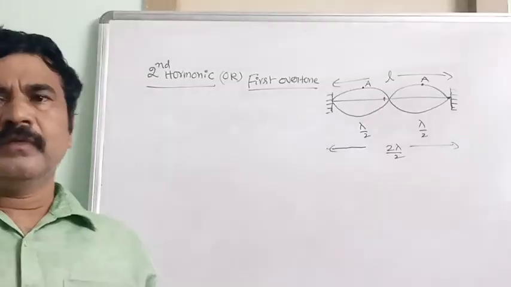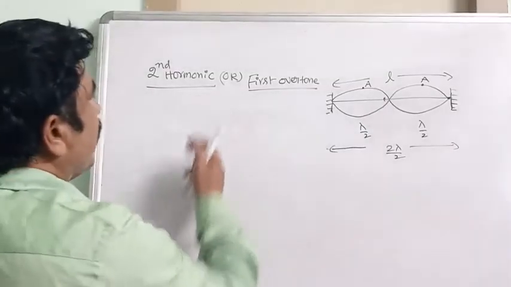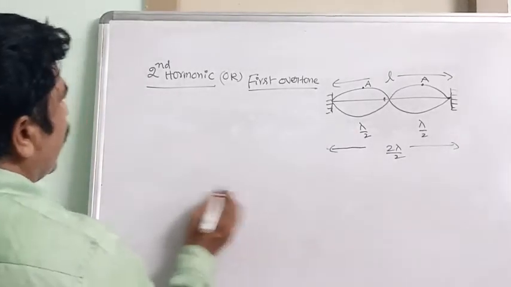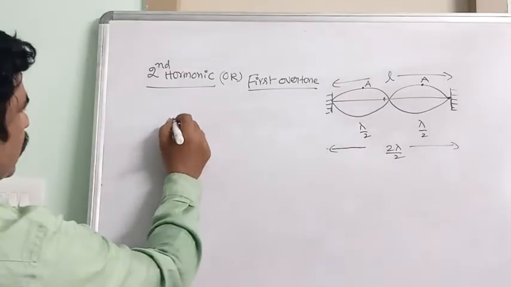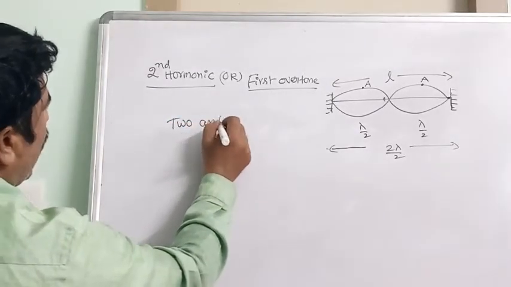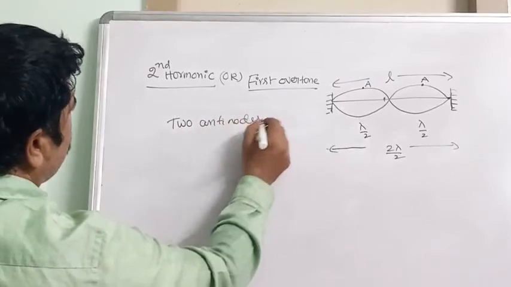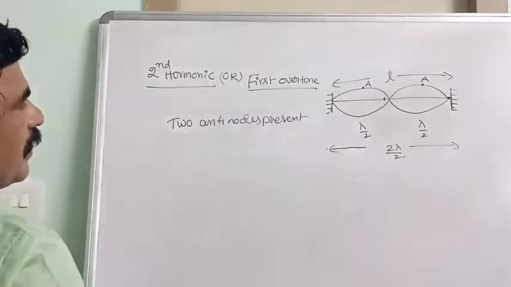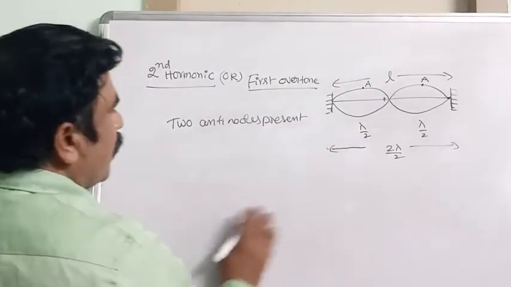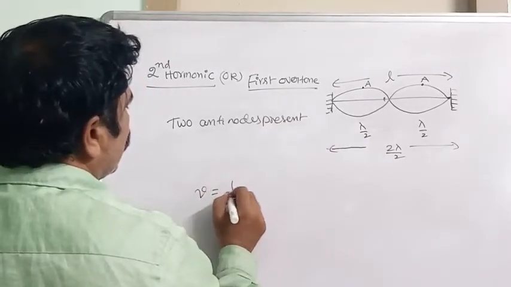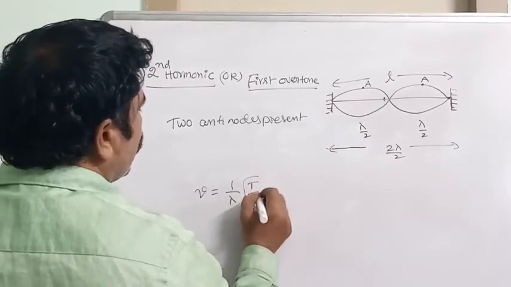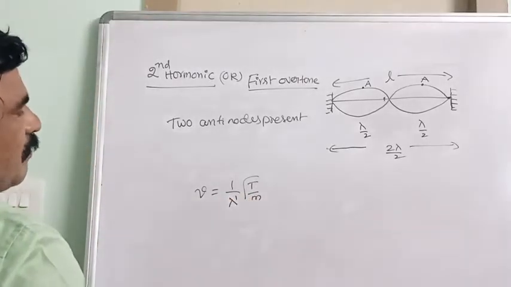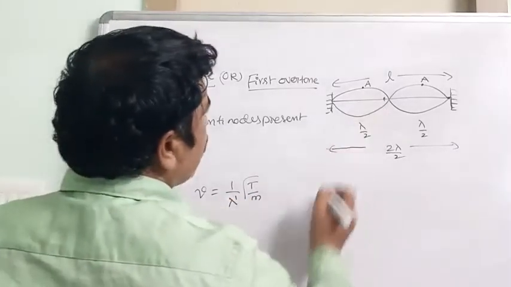Now the second harmonic frequency is formed when two antinodes are present between the ends of the stretched string. We know the formula nu equals 1 by lambda into root T by M. Assume this lambda as lambda dash. What is lambda in terms of L?